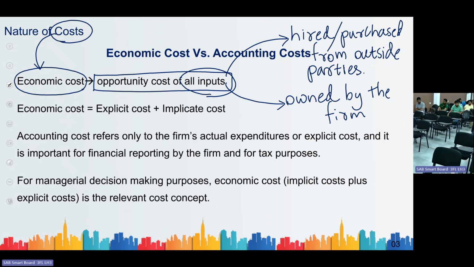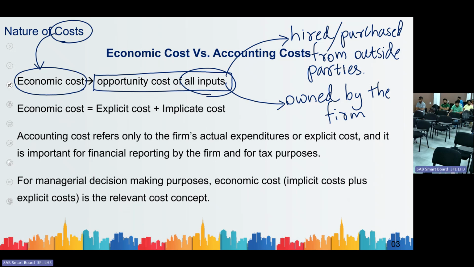But in the case of this building, maybe it is hired. It may not belong to the CA itself. It may be a rented place. In that case, this building is a part of hired or purchased inputs. If this building is owned by the CA, then it is a part of owned inputs. So some part of machinery and buildings are examples of owned inputs.